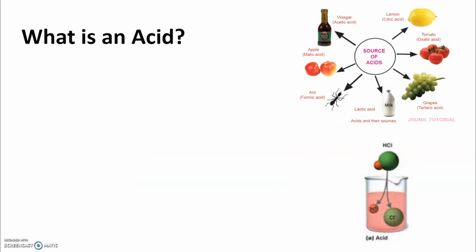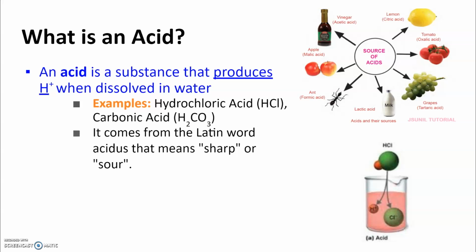So let's talk about this acids and bases business a little bit. Maybe we've heard something about these. I think acids are probably what we talk about the most commonly. And an acid is something that makes a hydrogen ion when it's dissolved in water. So it makes an H+. Some examples would be hydrochloric acid or carbonic acid.